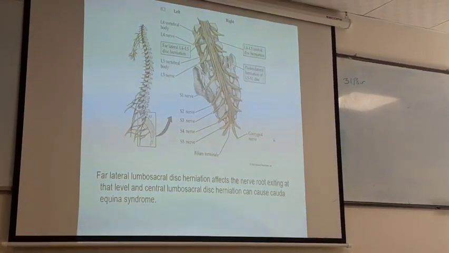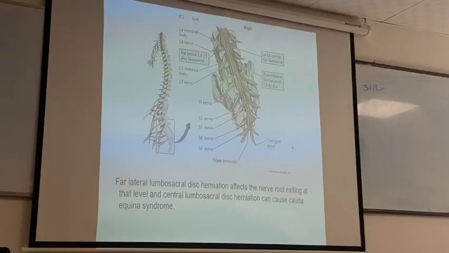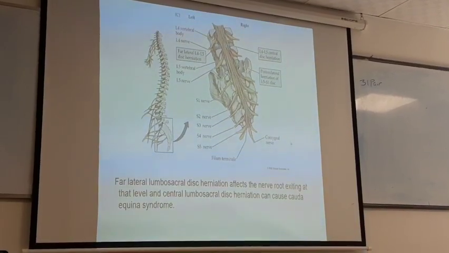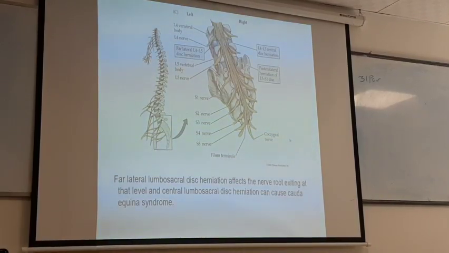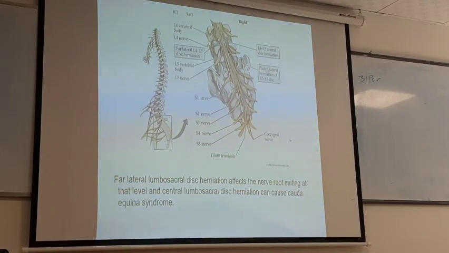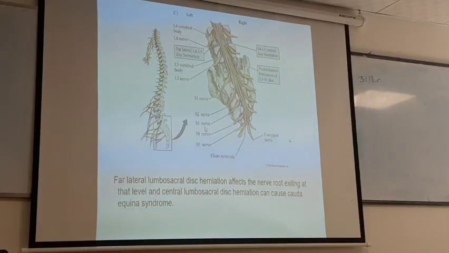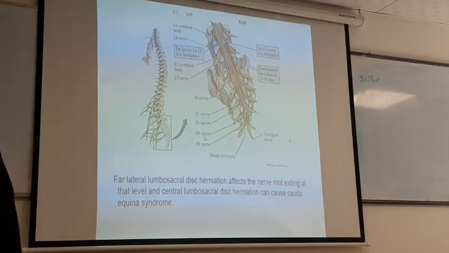You see this cauda equina, the nerves of the spinal cord. All of the nerves S2, S3, S4 are the parasympathetic of the pelvis.